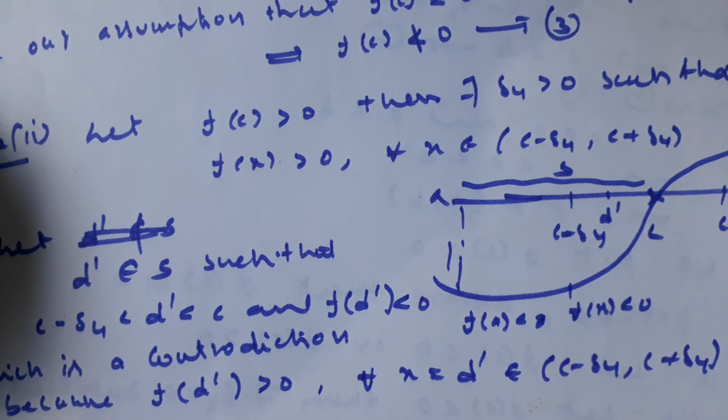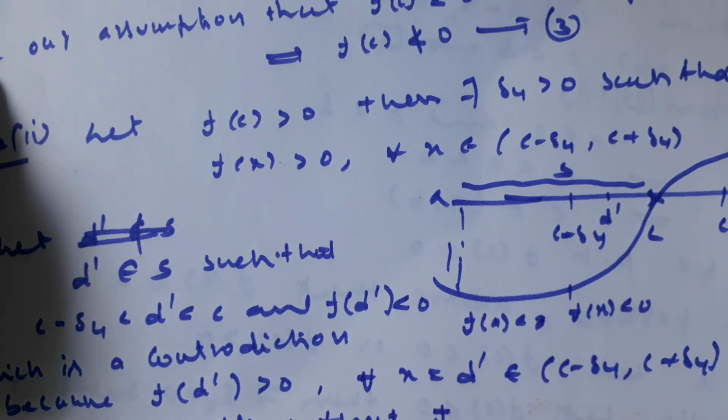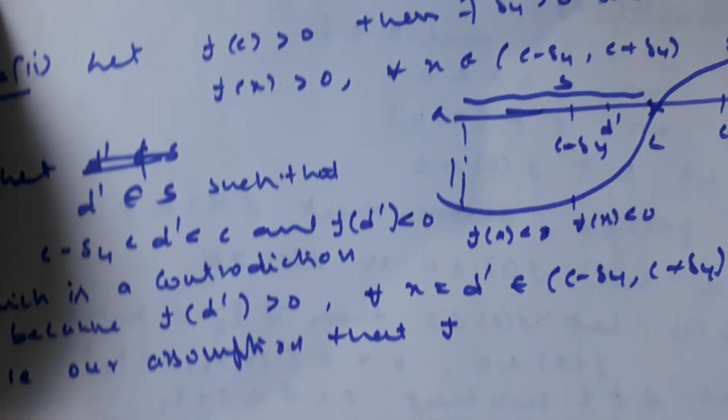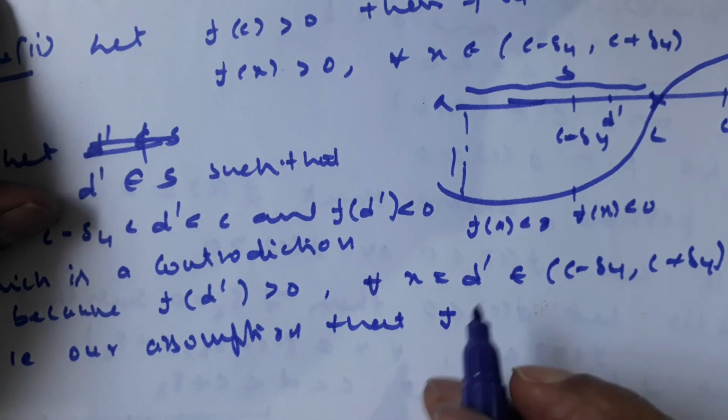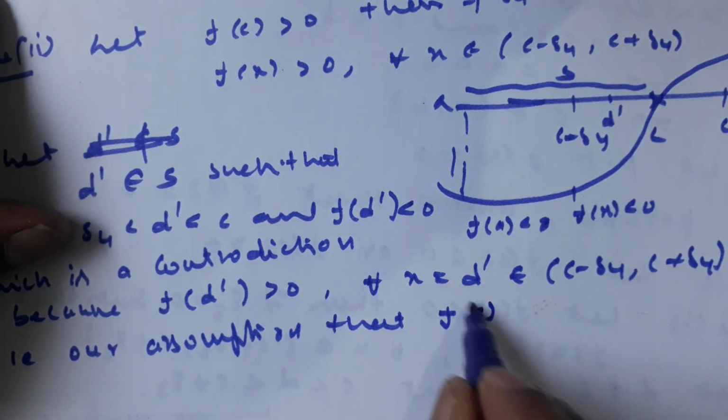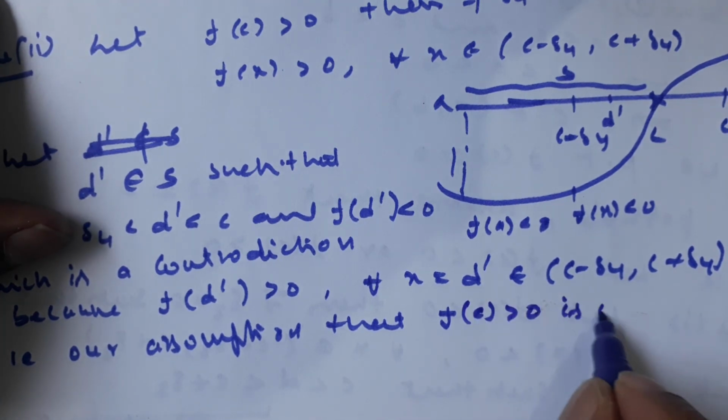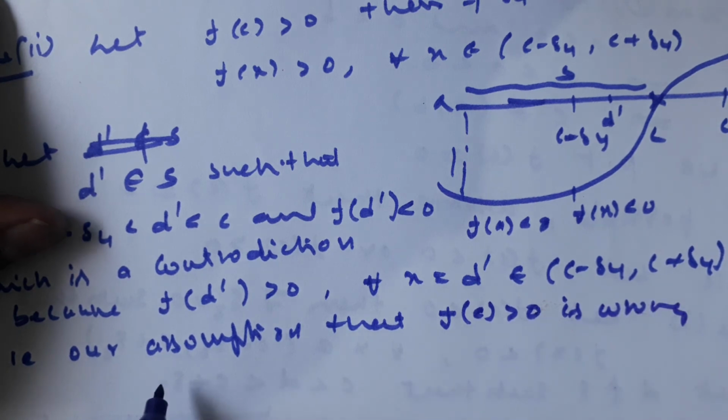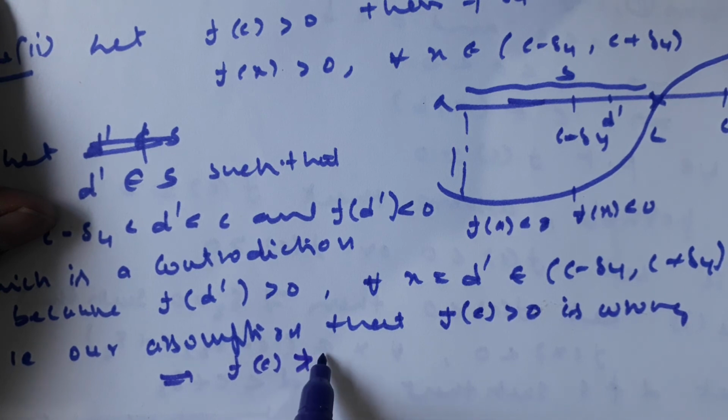That is our assumption that f of C greater than 0 is wrong. This implies f of C is not greater than 0.